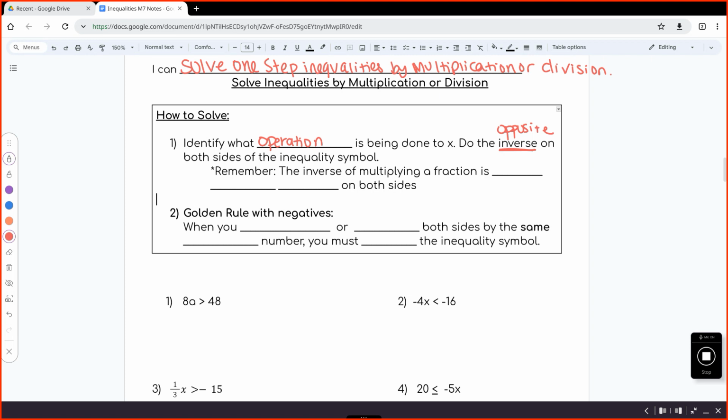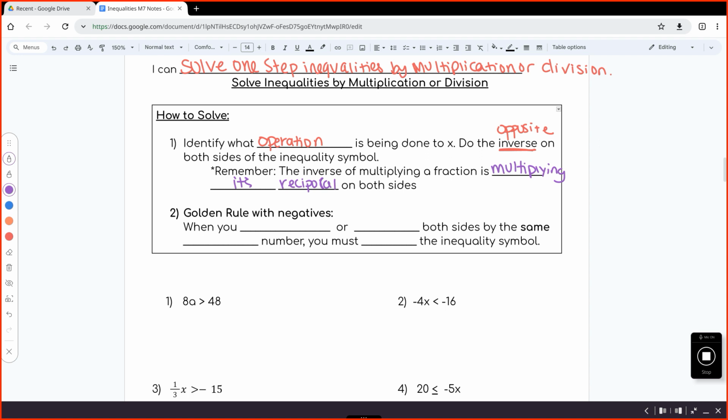Something you should already have ingrained in your head is that the inverse of multiplying by a fraction is multiplying by its reciprocal on both sides.